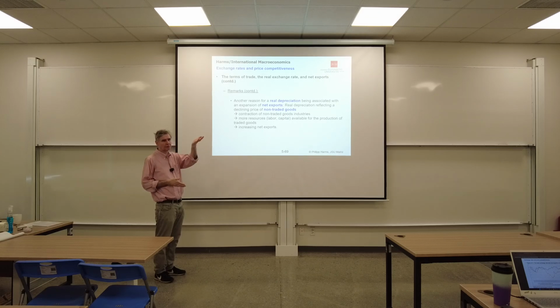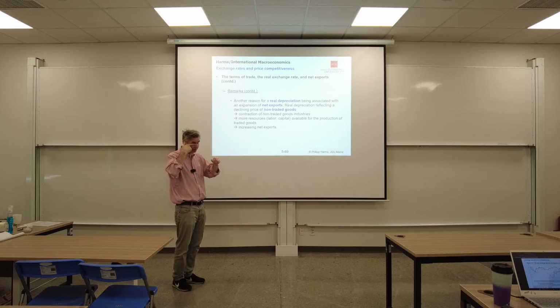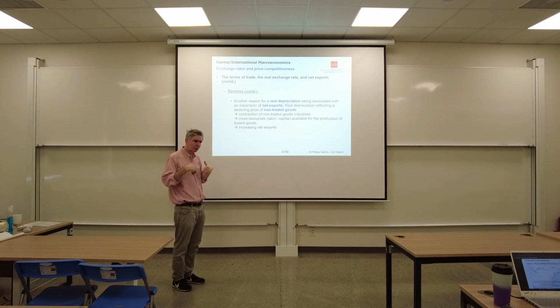Conversely, if non-traded goods prices go up, that is a real appreciation. That means that you produce less exportables, and that reduces net exports. So there's the terms of trade effect, and there's this non-traded over traded goods effect, both of which coexist in the real exchange rate.